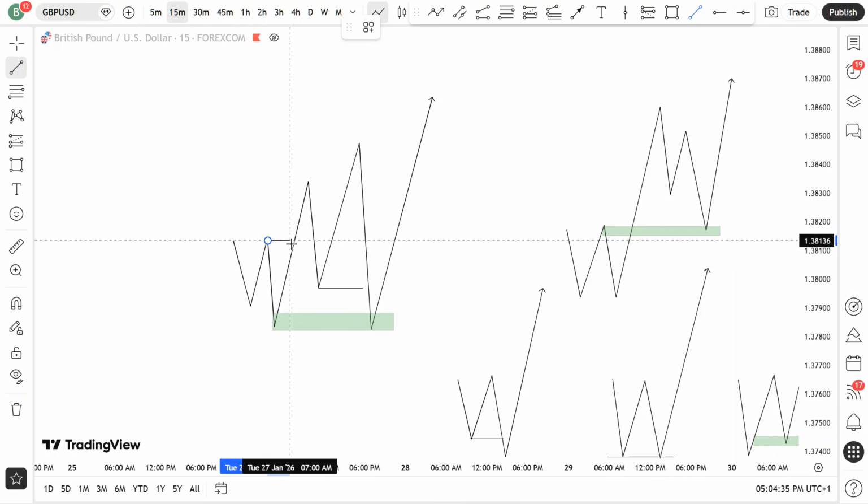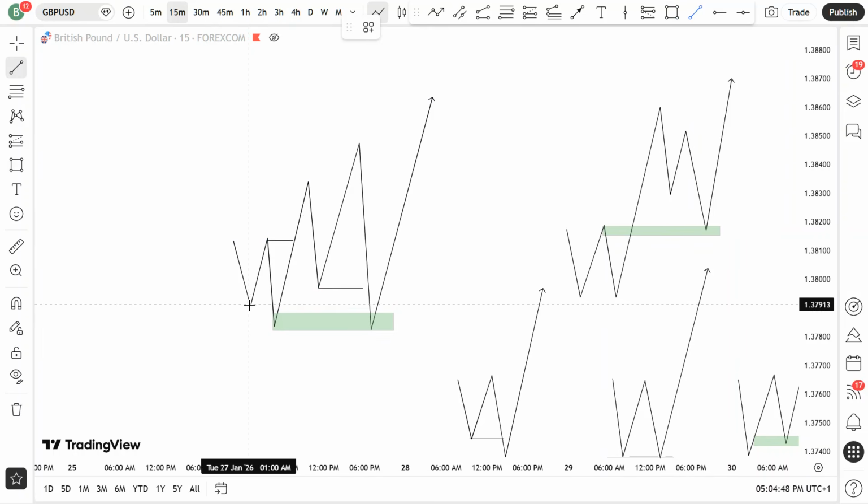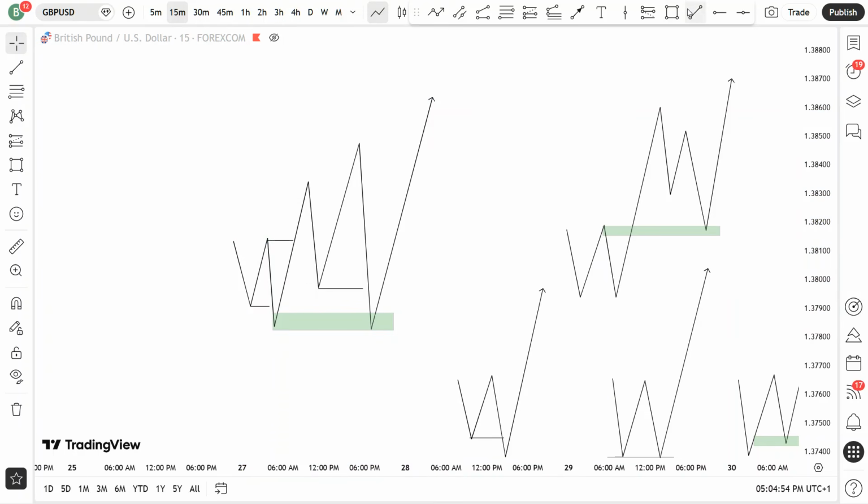This is the first market structure shift, because price swept this low. Since price swept this low, you expect price to break above this high, right? And then it's good for price to give you a double break of structure.